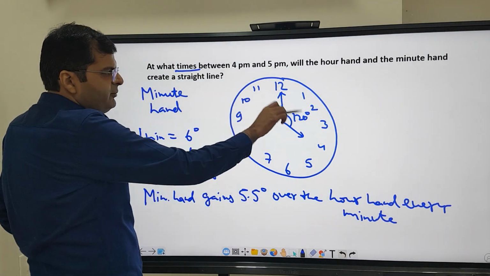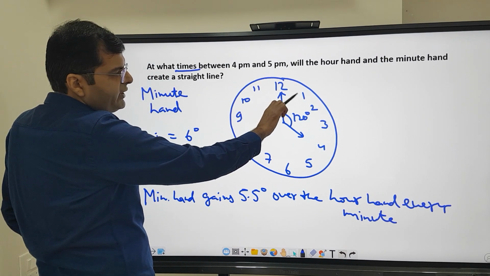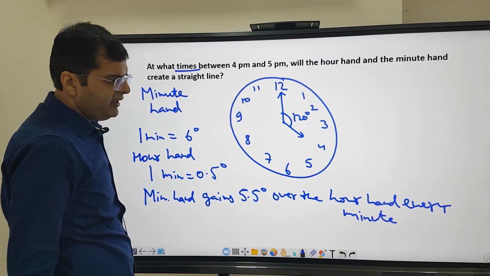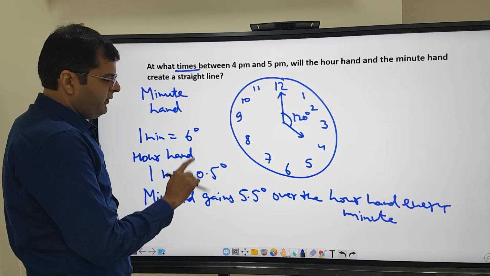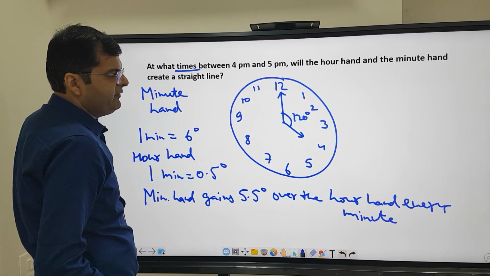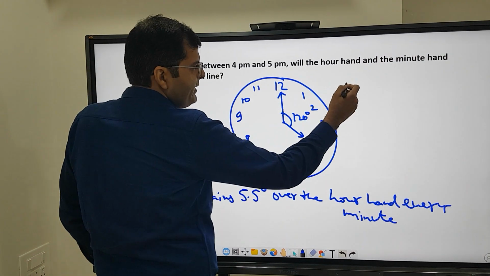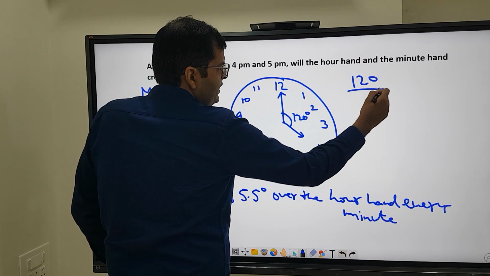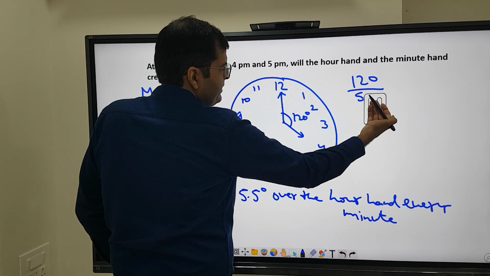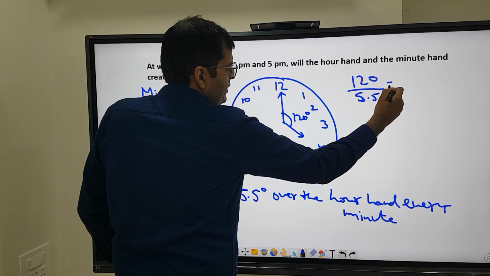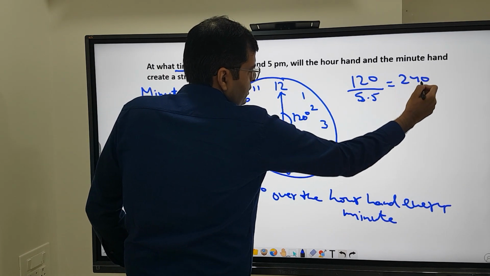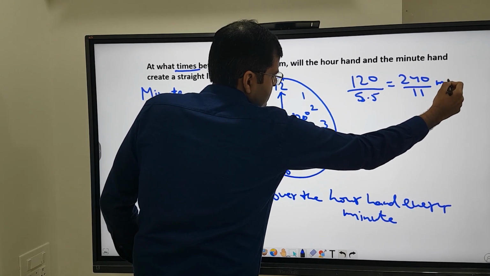Now over here, for them to overlap, the minute hand has to gain 120 degree in all. Okay. So in 1 minute it is gaining 5.5 degrees. So 120 degree will be gained in how many minutes? 120 upon 5.5 minutes. So 120 upon 5.5 is 240 upon 11 minutes.